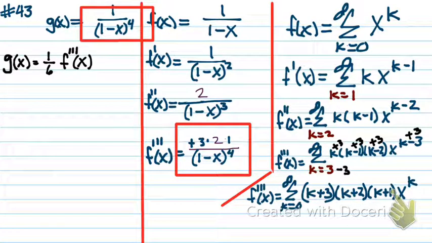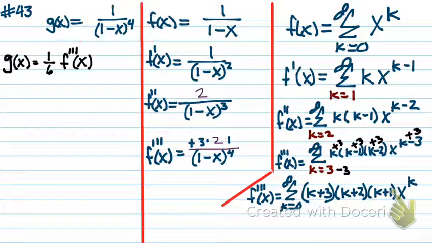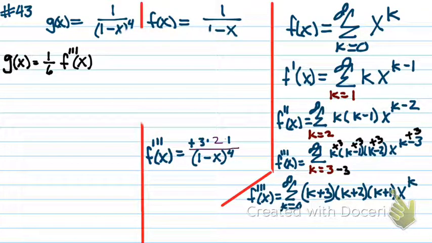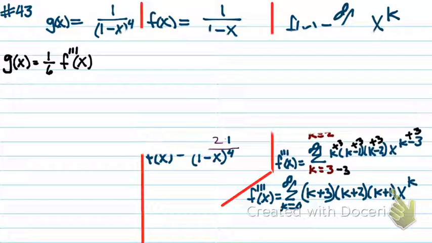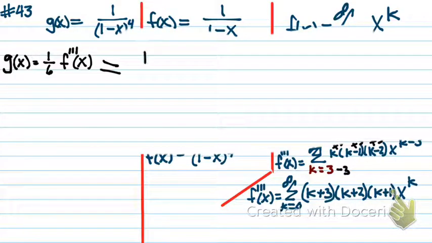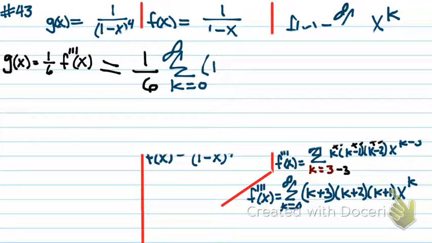You're going to have to do 1/6 of this to equal that. So that is why I have 1/6 of f triple prime. That's going to be g of x. That's why I have 1/6 of my series that's represented by f triple prime.